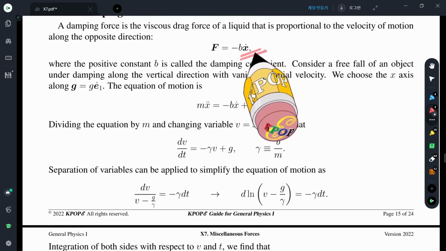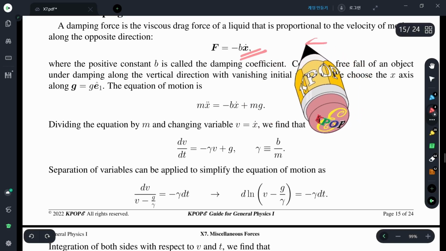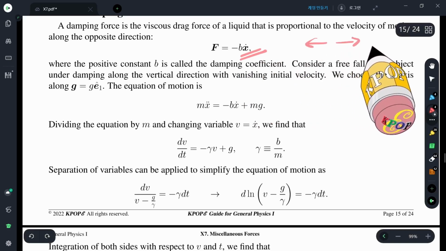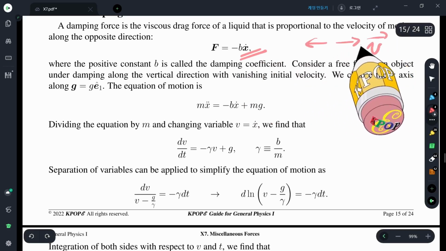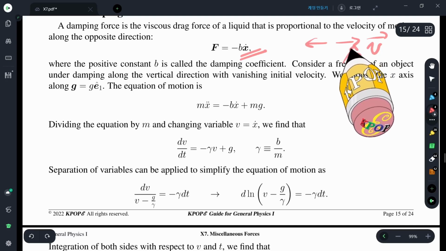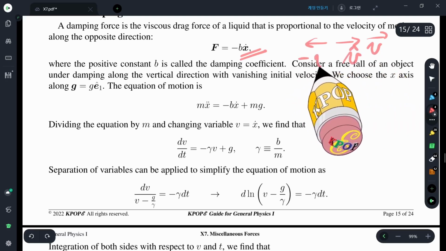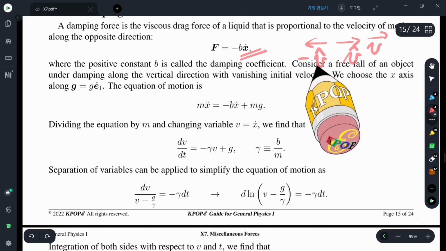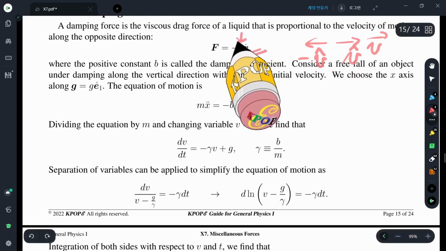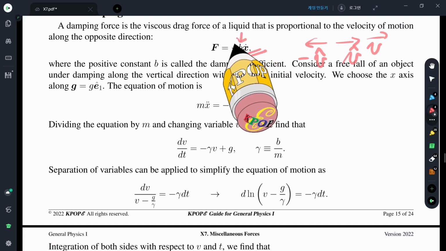This force is again opposite to the motion. There's a velocity, and we have a unit vector along the velocity, and its direction is a minus unit vector of the velocity. And we use the coefficient b that determines the strength of the damping force.